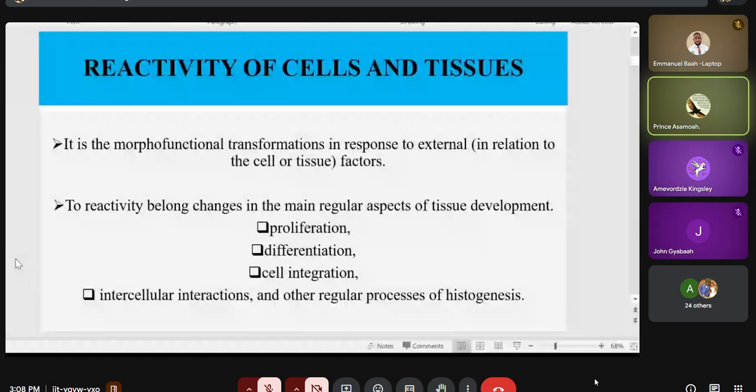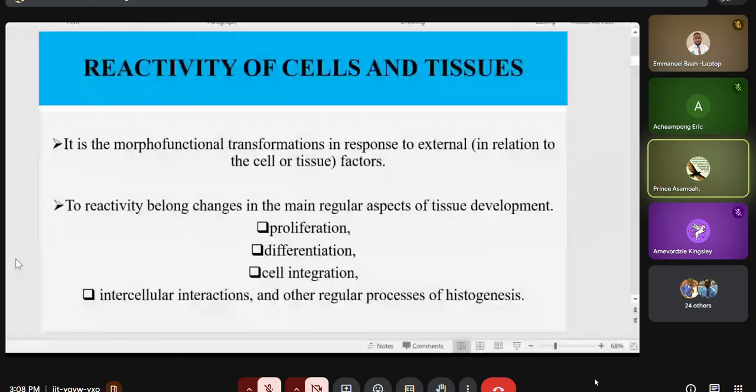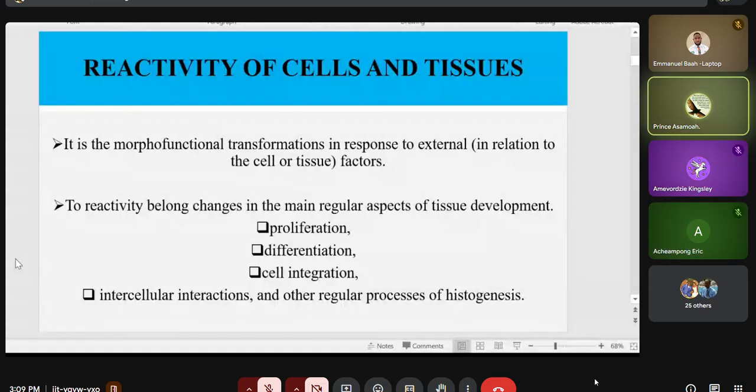When cells encounter external factors, and because they have encountered external factors, there are transformations in their shape, or there are transformations in their morphology or their structure and their function. Okay, so the morphofunctional transformations of cells when they encounter external factors.